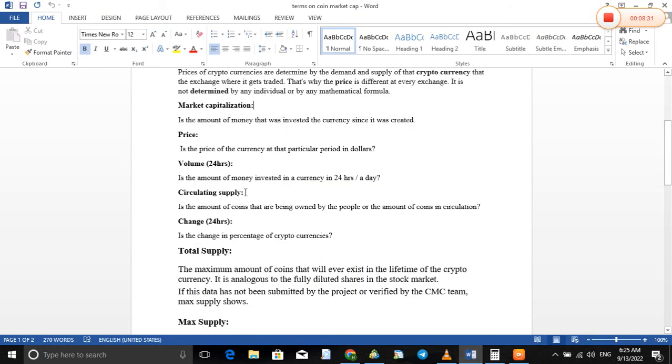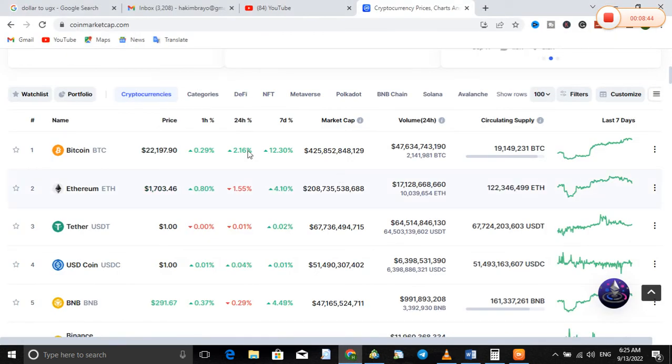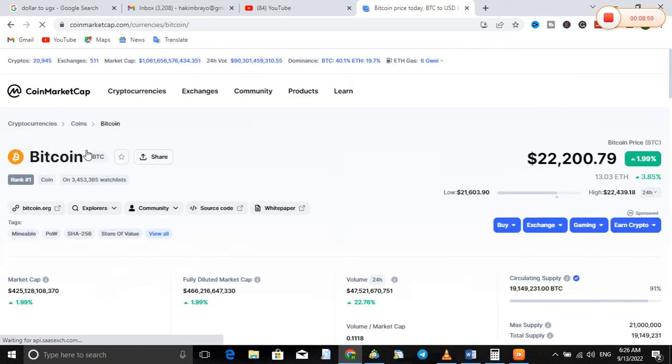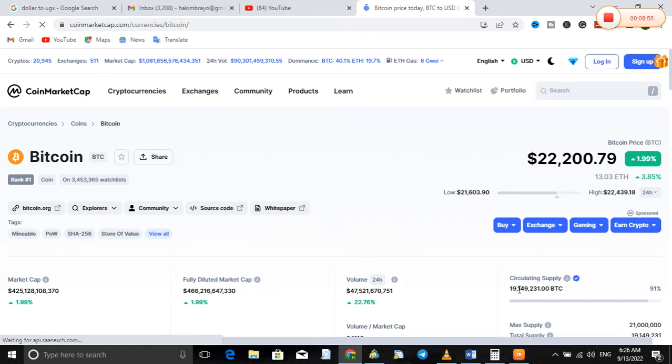On our list, the next thing is circulating supply. Circulating supply is the amount of coins that are being owned by the people, or the amount of coins in circulation. Like I've told you, now when we click on Bitcoin, we want to know what is the circulating supply of Bitcoin. Now I can see here the circulating supply of Bitcoin is 19,149,231.